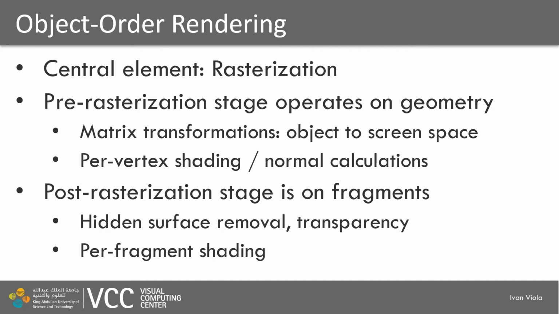For object order rendering, we would do the opposite. We would iterate through the objects and somehow splat them onto our screen so that those which will be projected on the screen will then be illuminated and shaded accordingly.